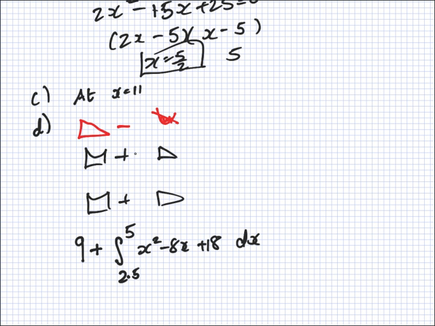You know the equation that we found in B? Yeah, so 2x squared minus 15x plus 25.